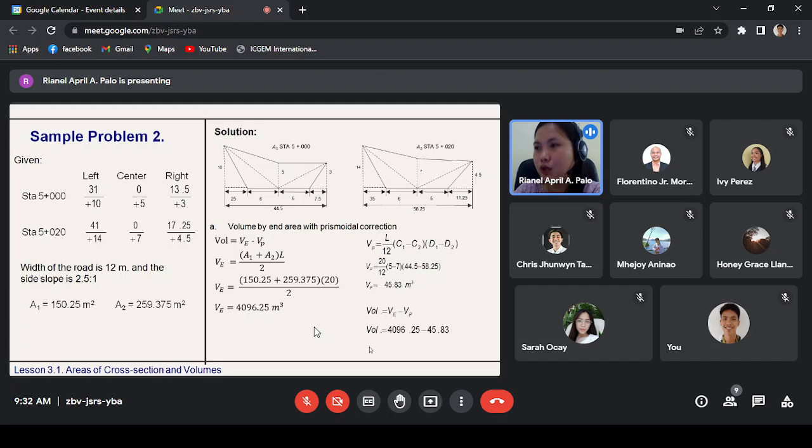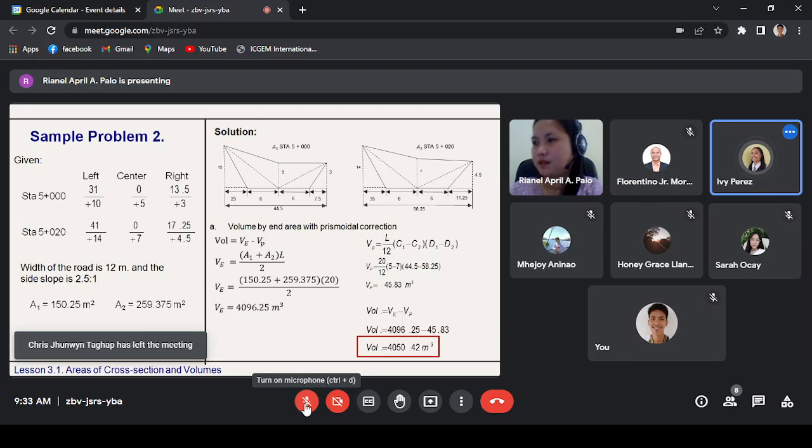So ang atong volume using end area with prismoidal correction is equals to 4,050.42 cubic meters.